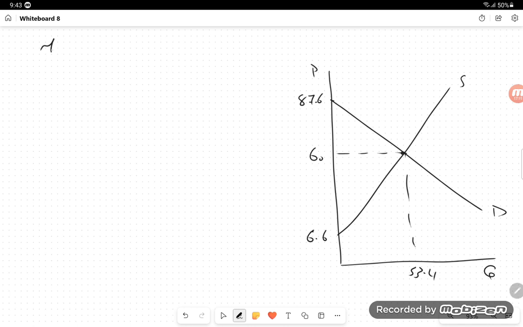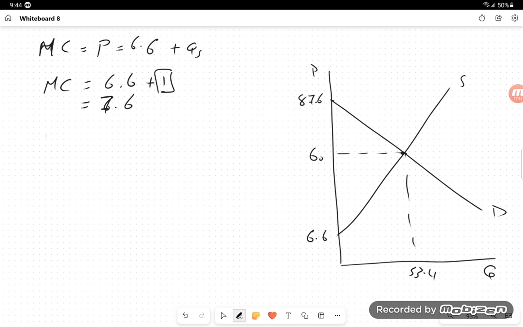Say for example, this is a marginal cost, price equal 6.6 plus QS. If the producers are going to produce only 1 unit, marginal cost will be 6.6 plus 1, which is 7.6. Okay, this is for 1 unit of coal. If it's 2, it will be 8.6, and so on.